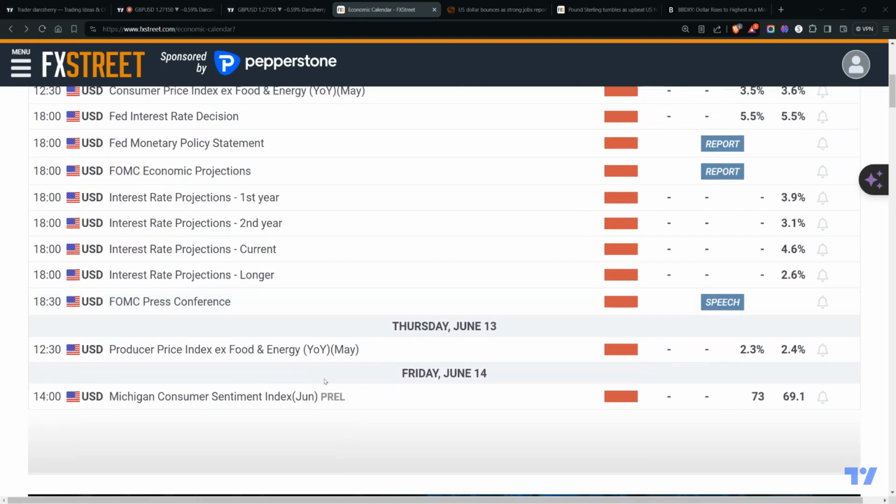Then on Thursday, June 13th, we are looking at the Producer Price Index, data that measures the average change over time in the selling prices received by domestic producers, excluding the volatile food and energy sectors. And lastly on this list is the publication from the University of Michigan on Friday, June 14th, and that is the Consumer Sentiment Index.